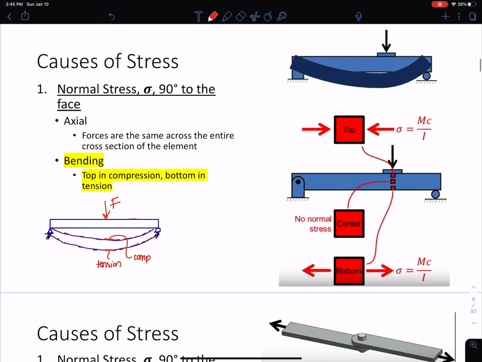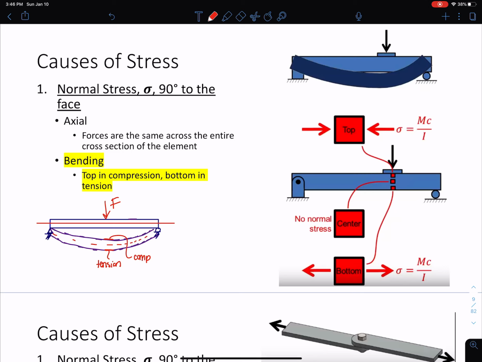So here, what we have is the center of the system basically experiences no stress, okay? And again, as we get through the topics here, I'm going to derive that for you so you guys can see what I mean when I say that the center line of the system here has zero stress, okay? That length doesn't change.